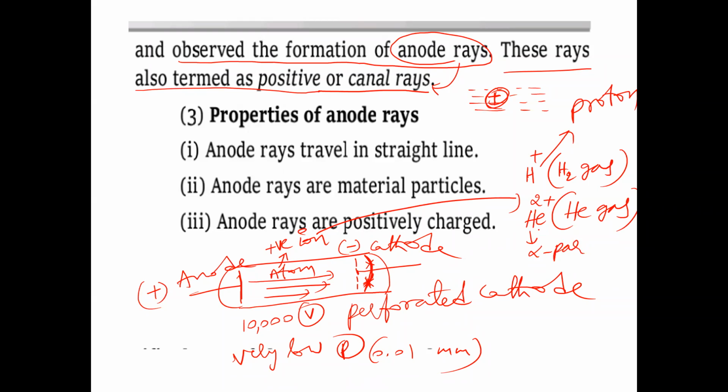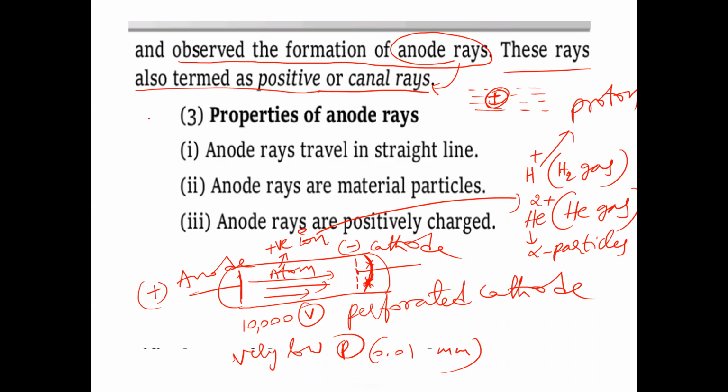He plus 2 means the helium nucleus, and the helium nucleus is nothing but an alpha particle. And H plus is nothing but the hydrogen nucleus, which is taken as a proton. Hydrogen nucleus or H plus ion is a proton, and helium nucleus or He plus 2 ion is an alpha particle. Like this, protons will be the constituent particles in the anode rays when we take hydrogen gas in the discharge tube. That point we have to understand.